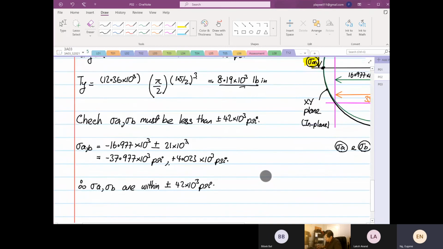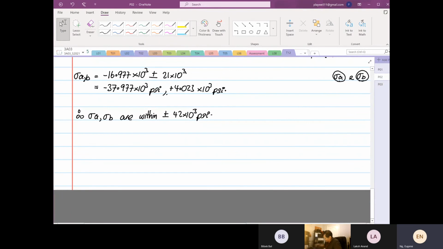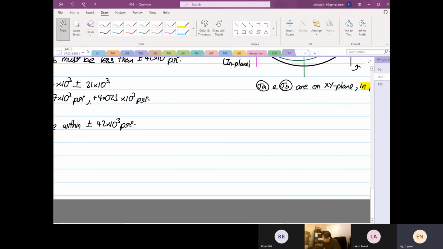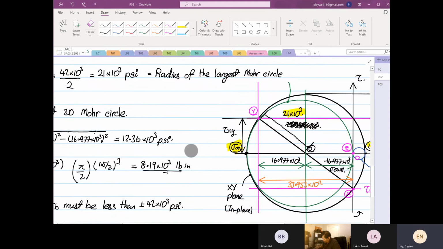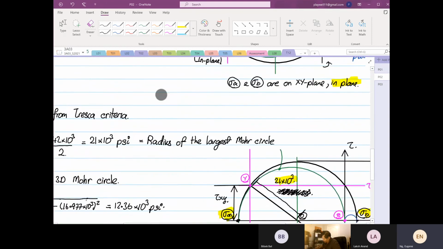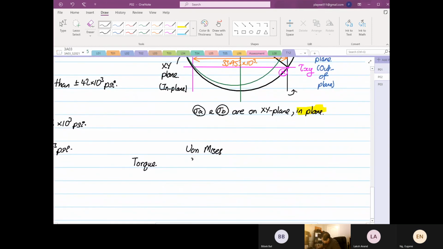Okay, right. So what we conclude from here is, if you look at the torque, initially when we applied von Mises, right? The torque we had was higher, 9.458.